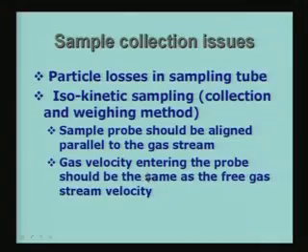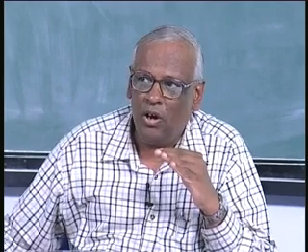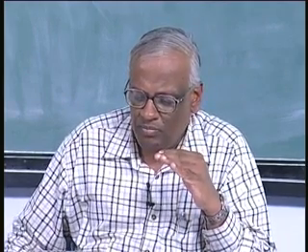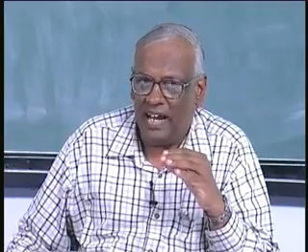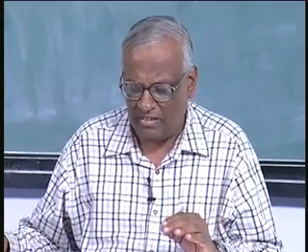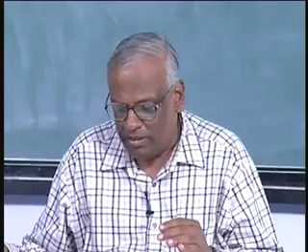And the gas velocity entering the probe should be the same as the free gas stream velocity. This is important. So, the two requirements are: no hitting of the gas stream onto the wall of the probe tube, and the gas velocity must be the same as it enters the sampling tube.